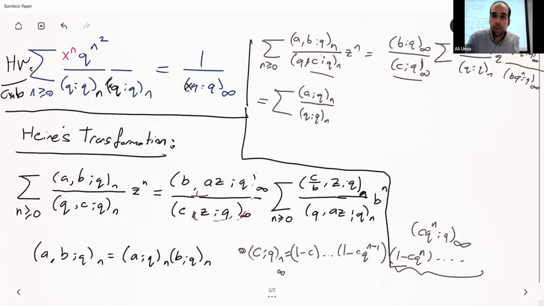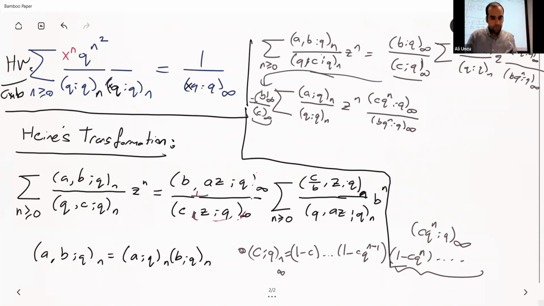I forgot the front factor, z^n. And I have this (c q^n; q)∞, and I have (b q^n; q)∞. There's also this front factor that I forgot: that is the product of (b; q)∞ and (c; q)∞, the front factor that is here.